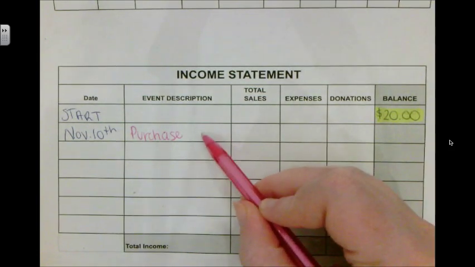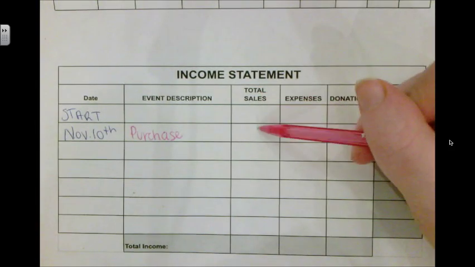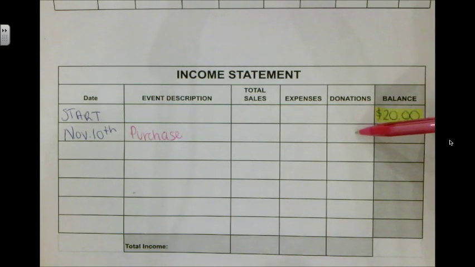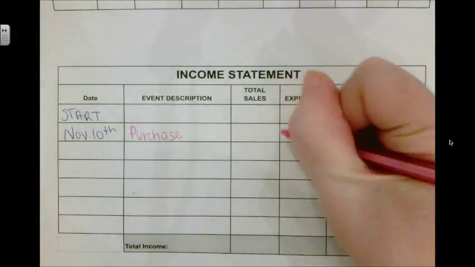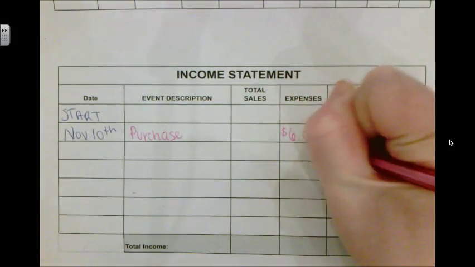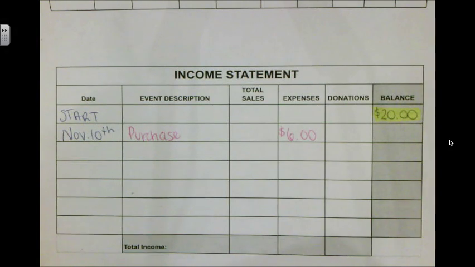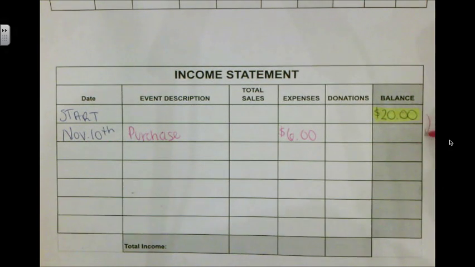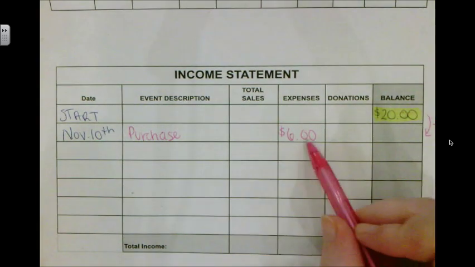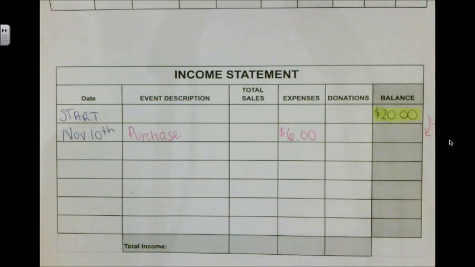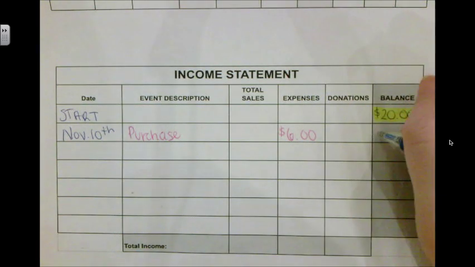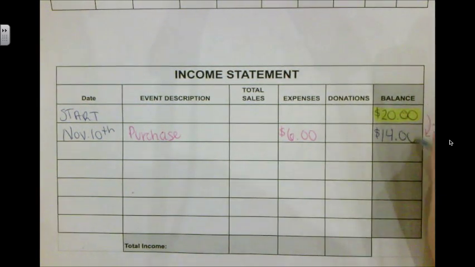That's not a sale, it's not a donation, that is an expense. So I'm losing $6. Over here in the column that's my balance, I'm not going to add to the $20, I'm subtracting. So I do 20 minus 6. My new balance after that is going to be $14, because I spent $6 on cupcake mix.